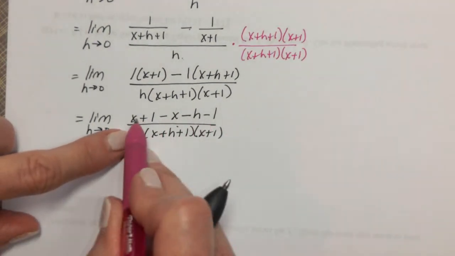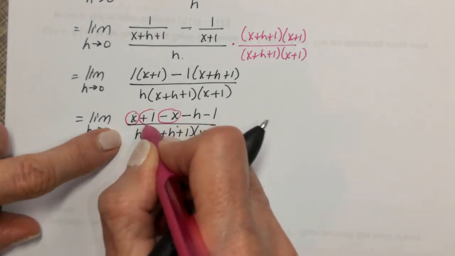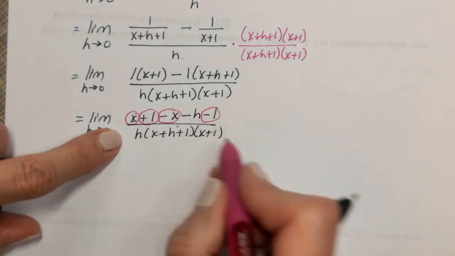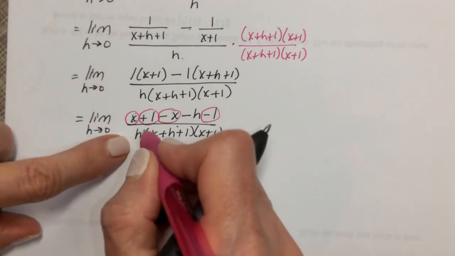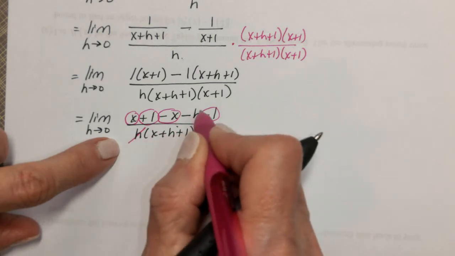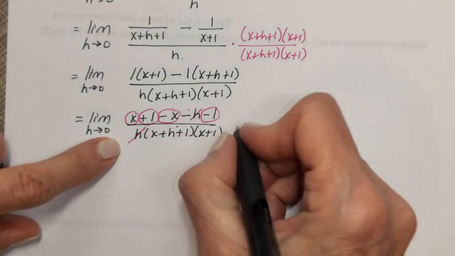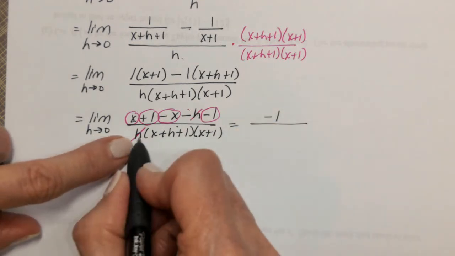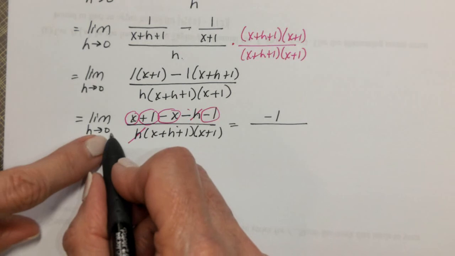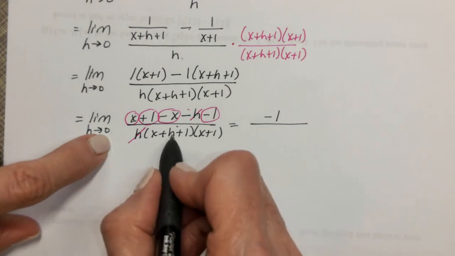Anything without an h should cancel here. x, negative x, 1, negative 1. I'm left with a negative h on top and an h on the bottom. I'm going to reduce that h, but I'm still left with negative 1, right? So I have a negative 1 on top. After I reduce out this h, though, I can go ahead and plug in 0 for any remaining h's.